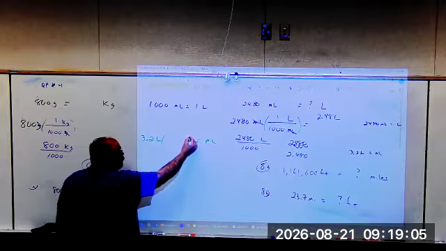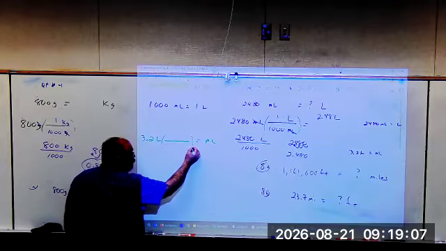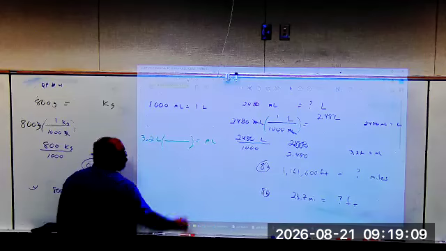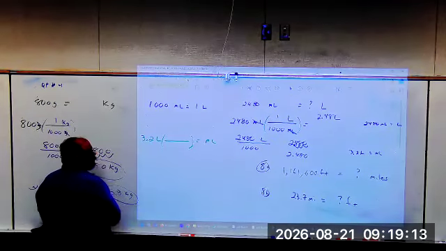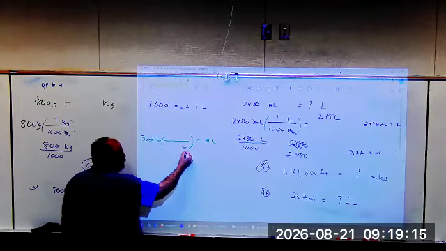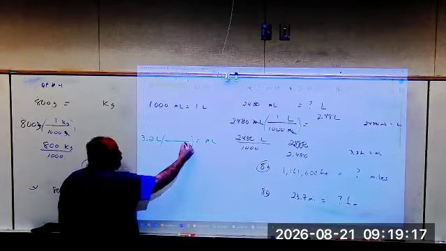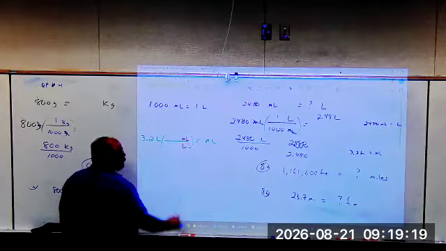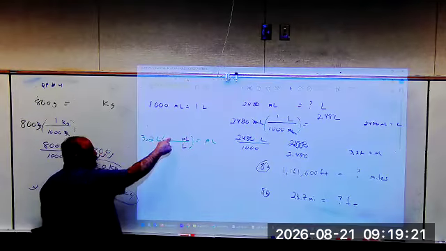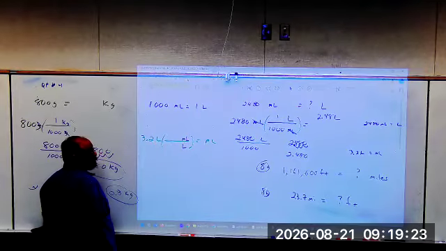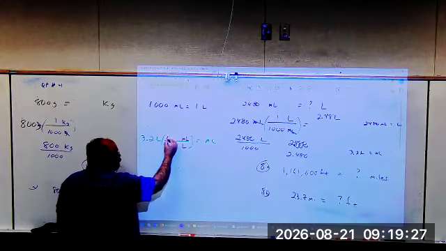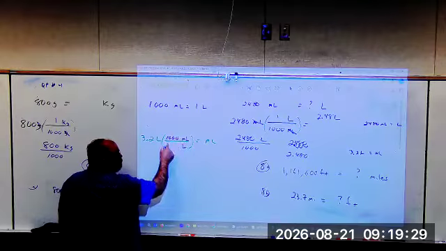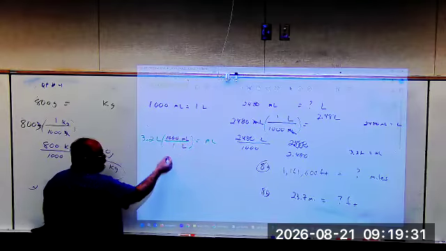We're going to want what unit to cancel? Liters. Then cancel the liters, and that means you've got to divide by the liter down here. And we want the milliliters up there. So does 1,000 go in the numerator or the denominator? Numerator. It sticks with the milliliter. So 1,000 milliliters in 1 liter.